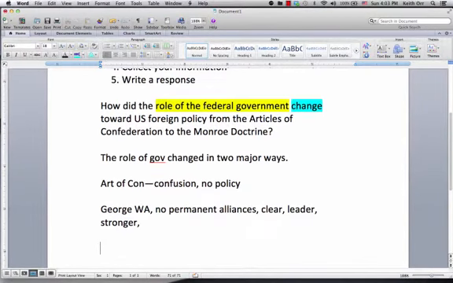And then the third one is Monroe, expand influence and area of power.